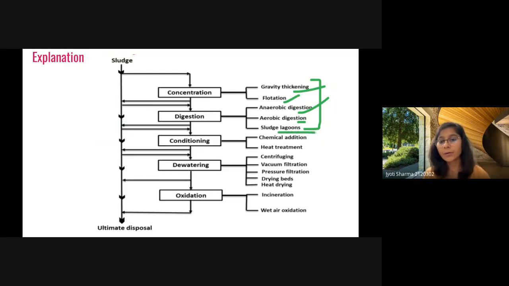And we also talked about the sludge lagoon. So this much we have already completed. Now we will talk about conditioning, dewatering and oxidation. The next will be conditioning.